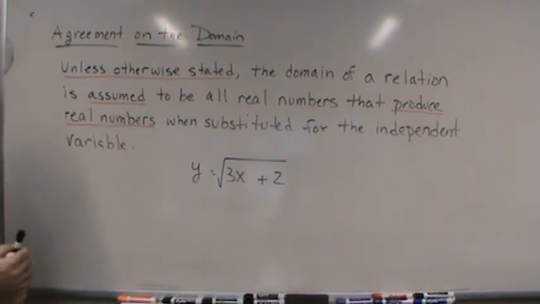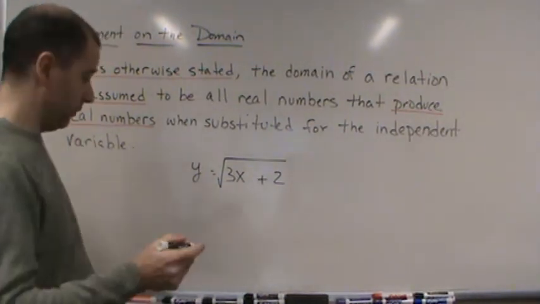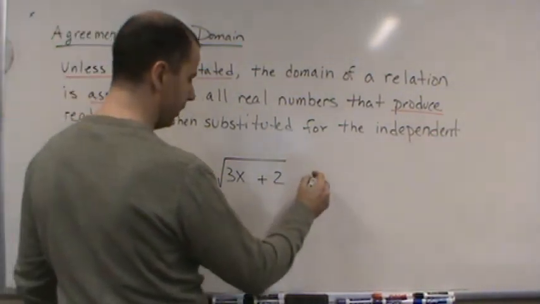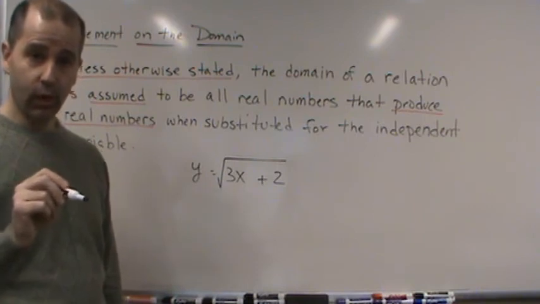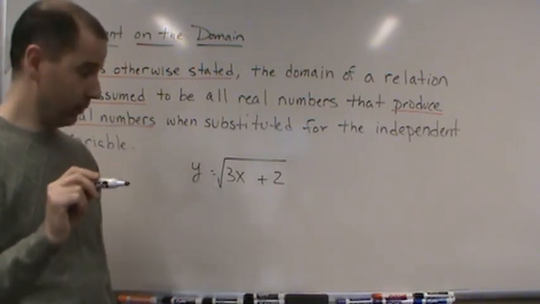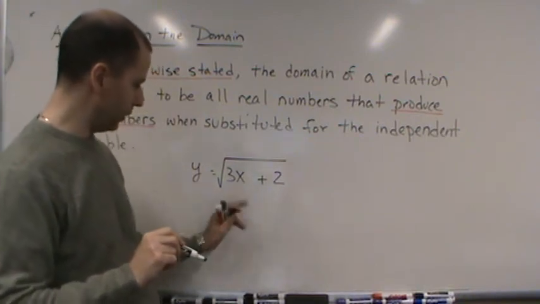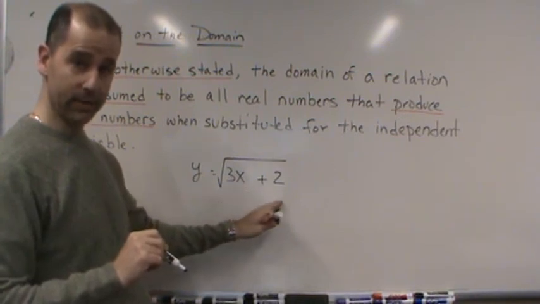Now, we do have a problem, or can have a problem. So again, what can we have under the radical? For square roots or even roots, we can have only non-negative values as the radicand. The radicand is everything under the radical. So this has to be 0 or positive.